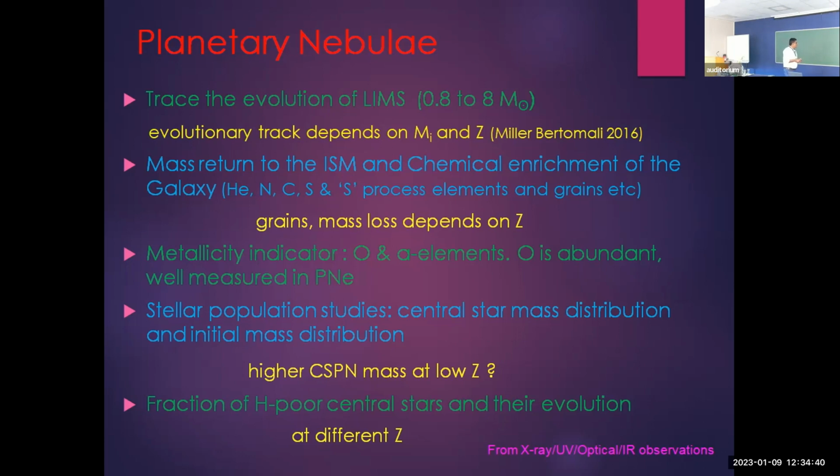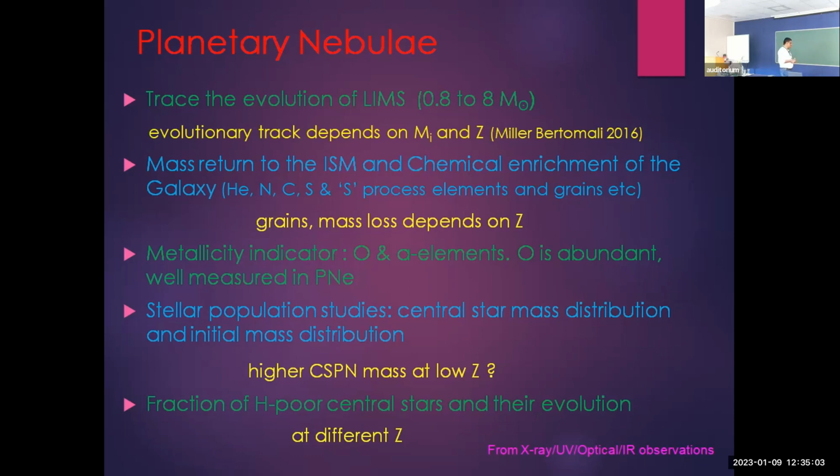And again, the stellar population studies: the central star mass distribution and the initial mass function are derived by looking at the nebulae around it and deriving the mass at the core. Again this depends on the metallicity, because higher central star masses are expected at low metallicity.